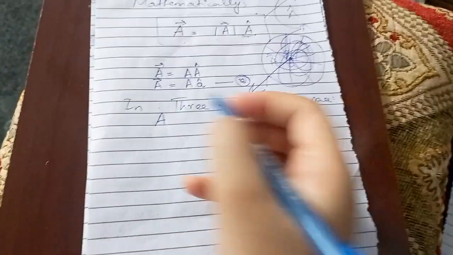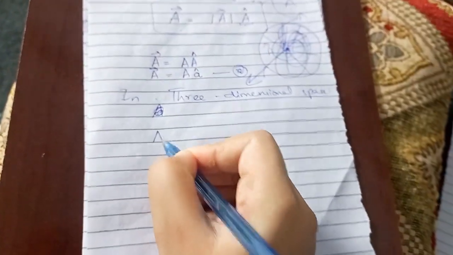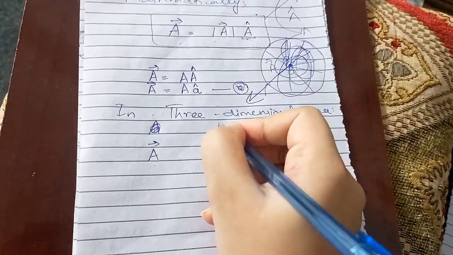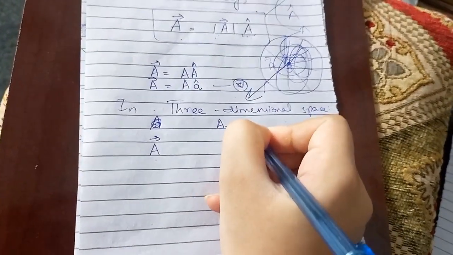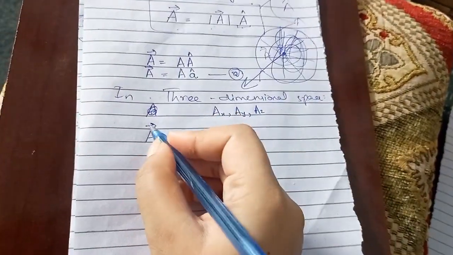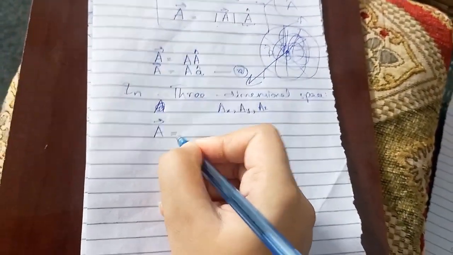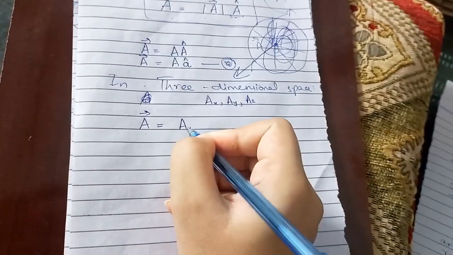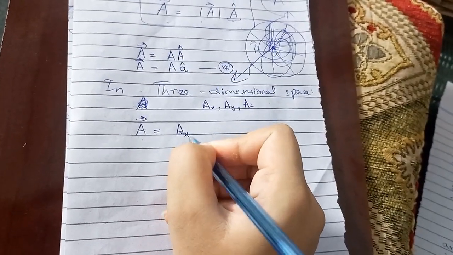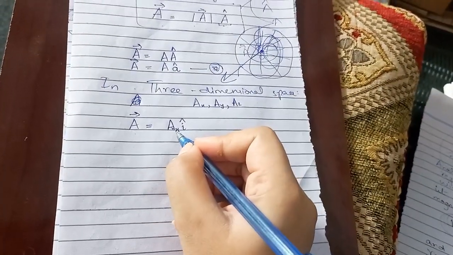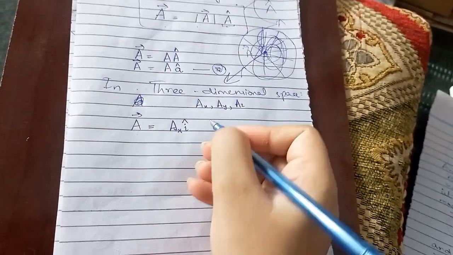So in 3 dimensions, a vector will have three components: an ax component, an ay component, and an az component. So vector A can be written equivalently as ax, which is the magnitude of the vector in the x direction, multiplied by unit vector i hat. i hat is used to represent the unit vector in the x direction.